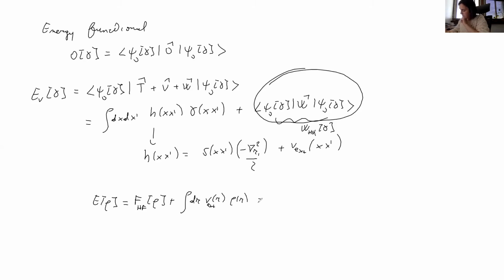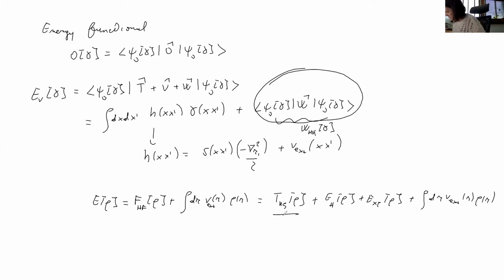Okay, and this can be written as the kinetic energy functional, the kinetic energy of the quantum system, plus you have your Hartree contribution, plus the exchange correlation contribution, and plus the external potential contribution, if you remember.